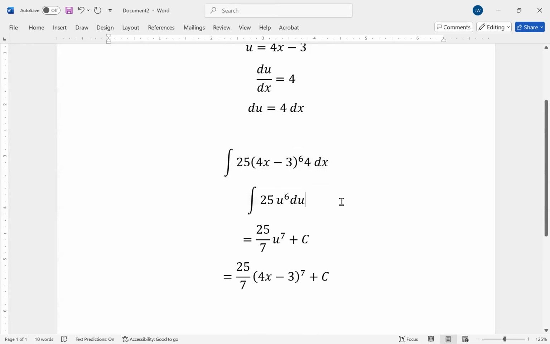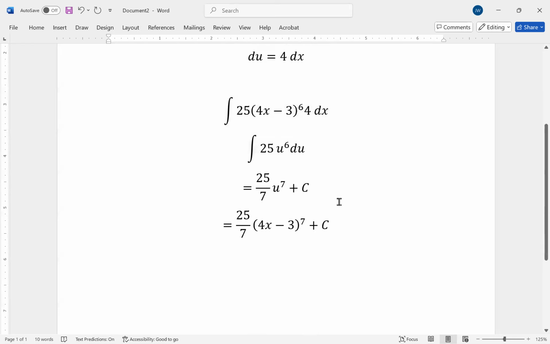We'll see other options later. And after I do my substitution for u, then integrating with respect to u should be fairly straightforward. And then I repackage that and write my final answer with respect to x.